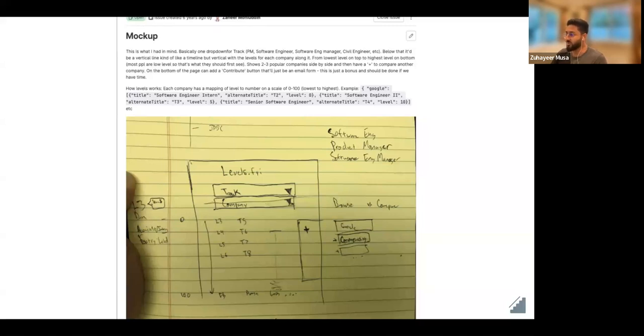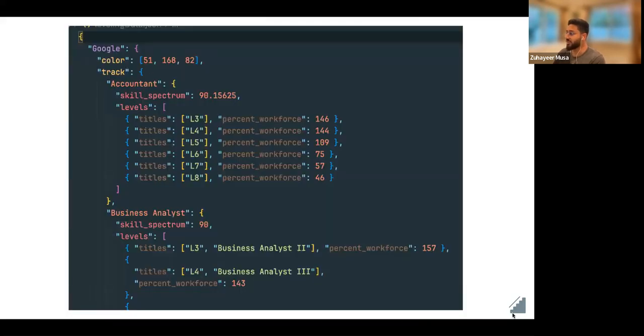We wanted to build a very simple solution to help visualize what the leveling schemes at different companies look like. That was the very initial problem that Levels.fyi set out to solve. We codified a lot of this information that we got from friends initially into a JSON file to encode the leveling details of an organization.